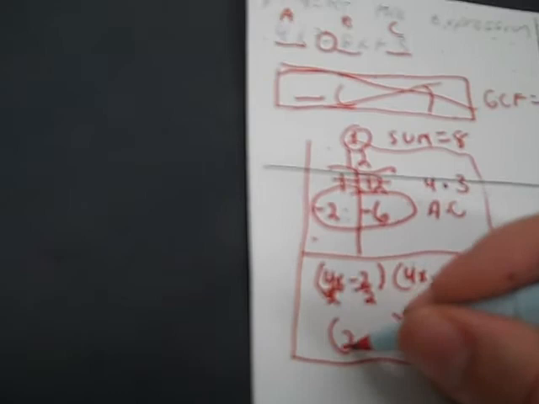Now, I pair these up. So I look in this parentheses here. I want to divide those by the GCF of 4 and 2. So the GCF of 4 and 2, if you have to do that on the calculator, I guess, but it's 2. So that now turns into 2x minus 1, and then you need to cross this off, because that's no more.